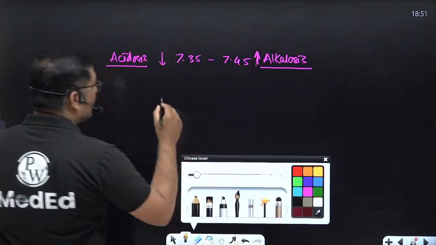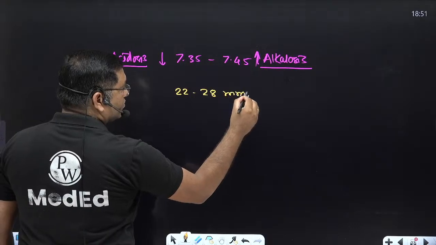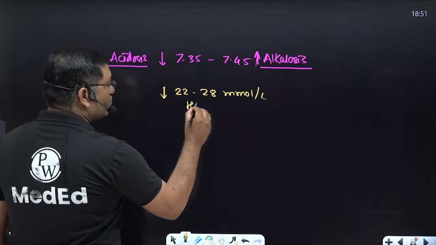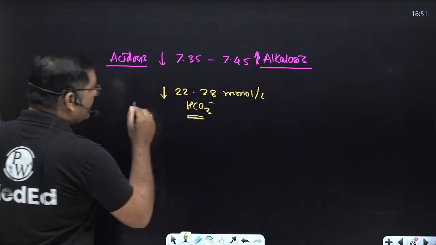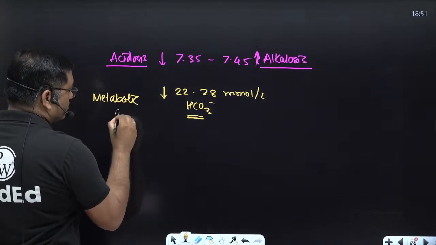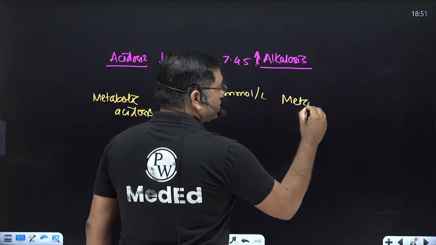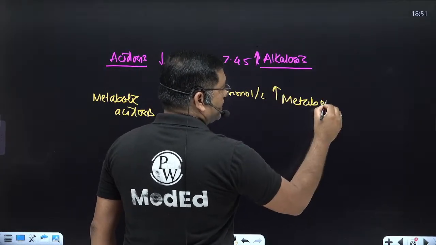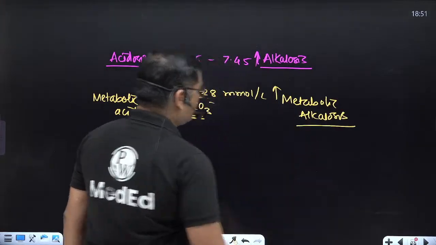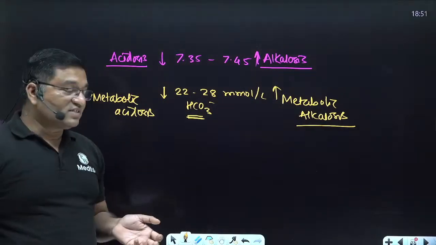Second parameter, bicarbonate level. Bicarbonate is 22 to 28 millimole per liter. Bicarbonate HCO3 is the alkali. If the alkali decreases, it means metabolic acidosis. If it increases, metabolic alkalosis. The bicarbonate level is the alkali reserve, 20 times more than the carbonic acid.